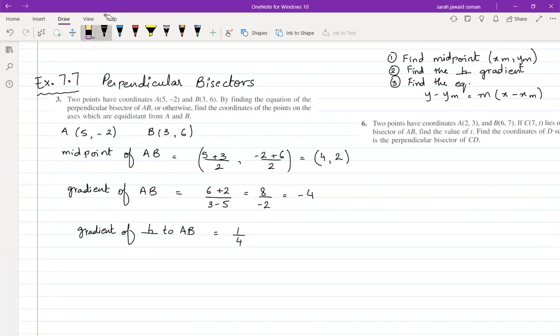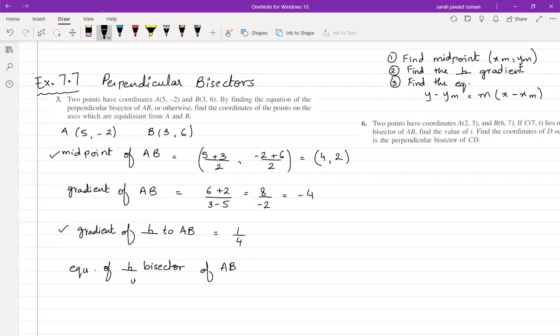Okay, let's work out the equation of the perpendicular bisector. We have the gradient of the perpendicular bisector and we know that this perpendicular bisector passes through the midpoint. So we are finding the equation of the perpendicular bisector of AB.